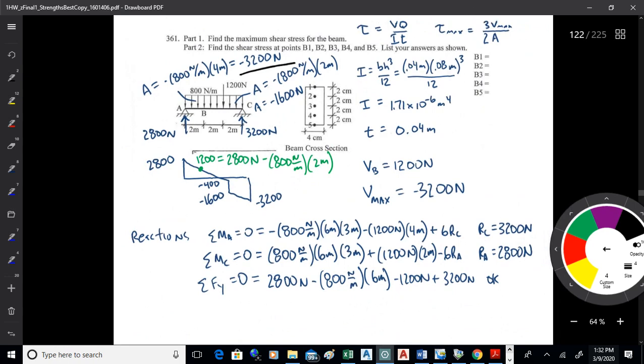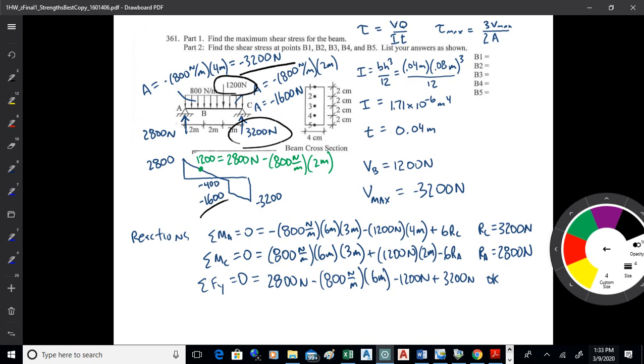And then it drops by the 1,200 load. So then we're down to negative 1600. Then it drops from there down to negative 3200. And then the reaction brings it back to 0.